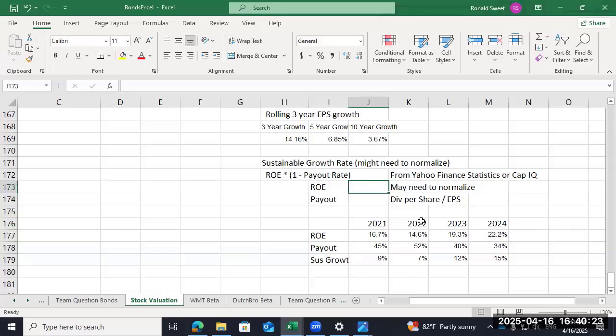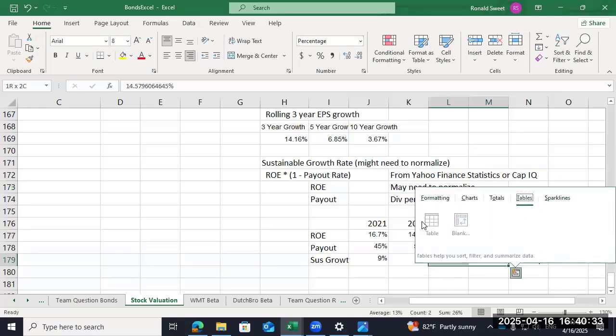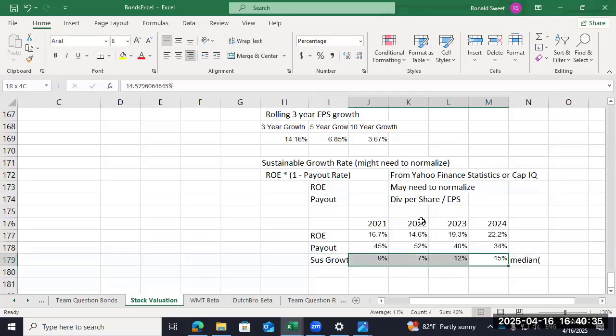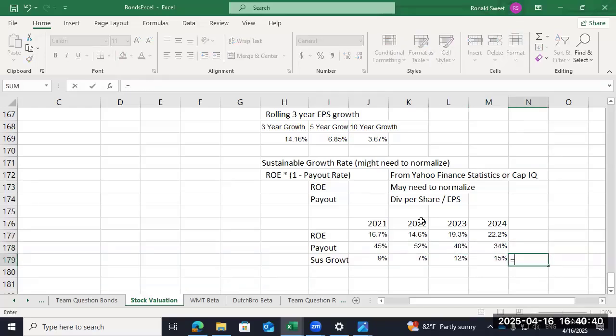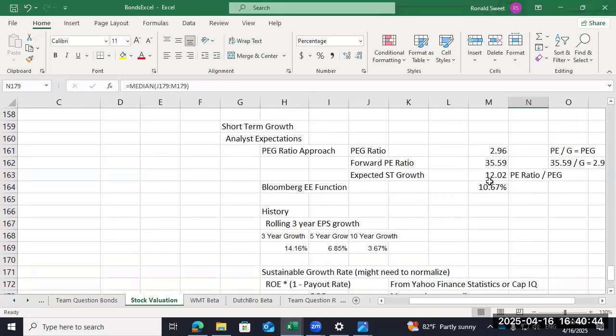So what are you going to use? I don't know what number you might want to use, but find some number in there. If you look at the median over these last few years, it's around 10%. It's not radically off what the analysts are saying.